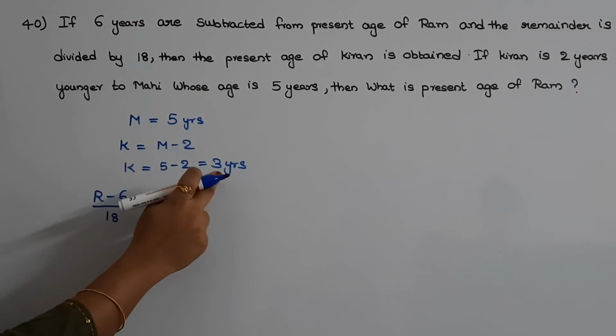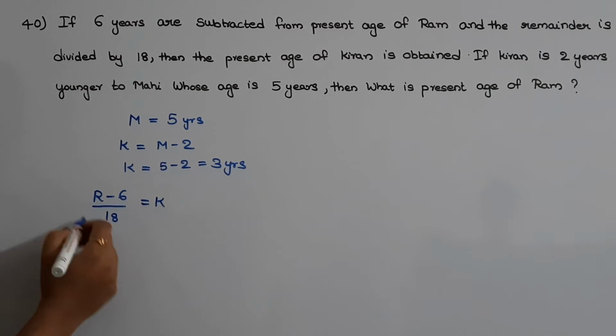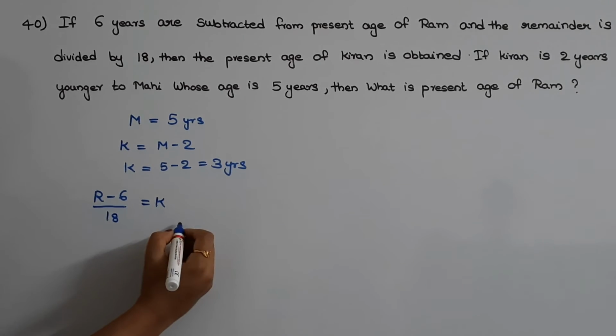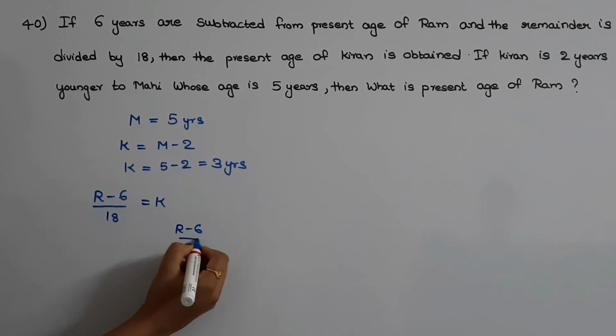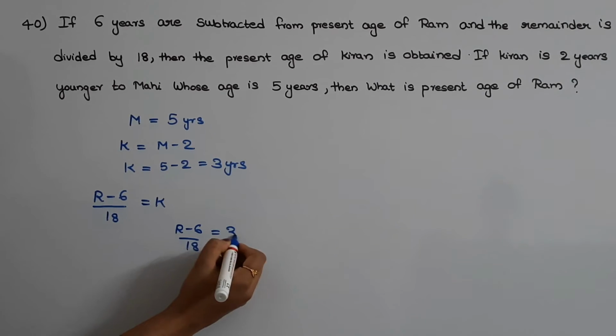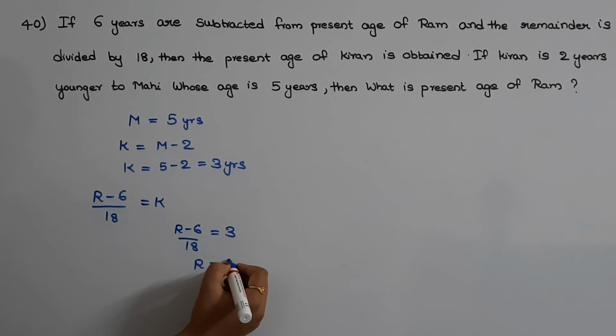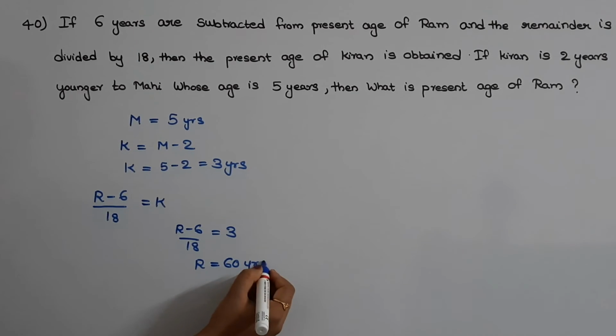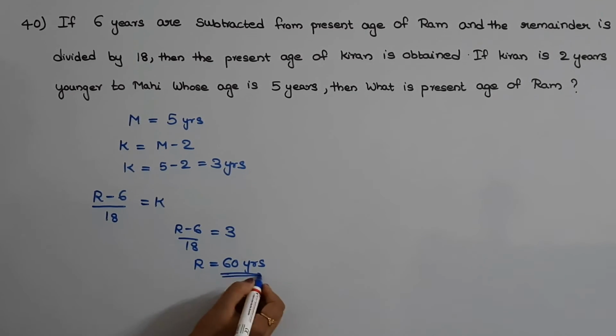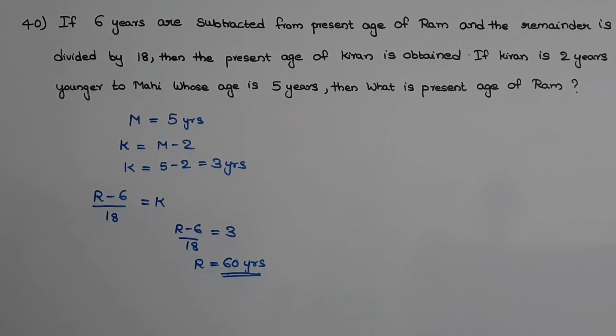But present age of Kiran we found as 3 years. So we can equate this to 3 years. Hence (r minus 6) by 18 is equal to 3. So by solving this we will get the age of Ram as 60 years. So the present age of Ram will be 60 years.